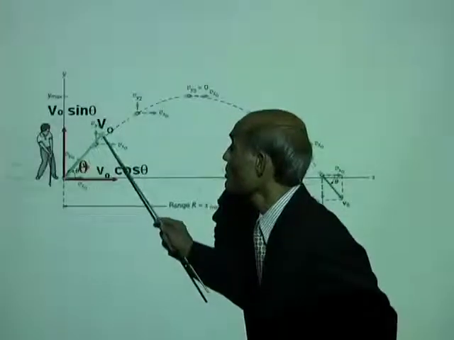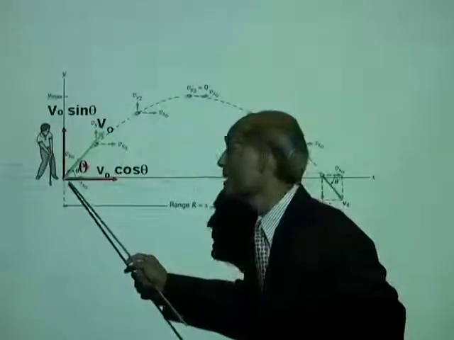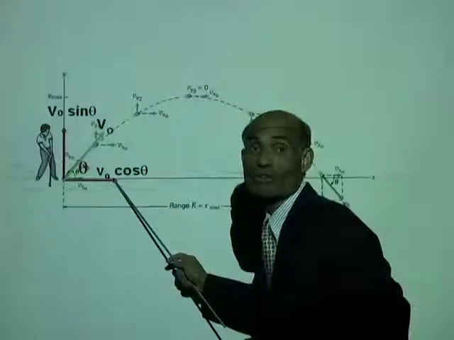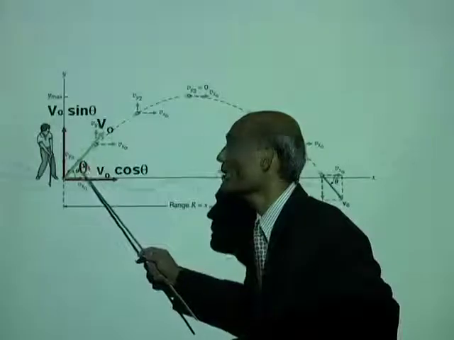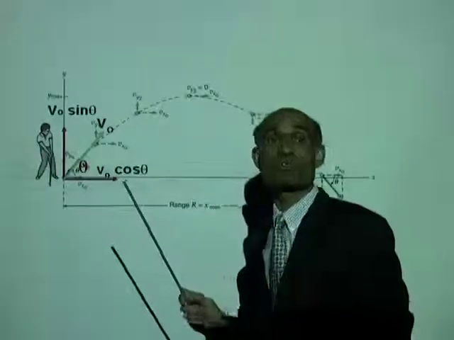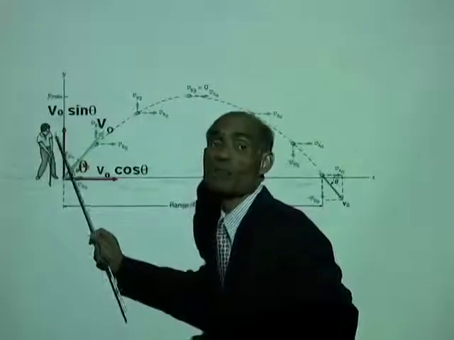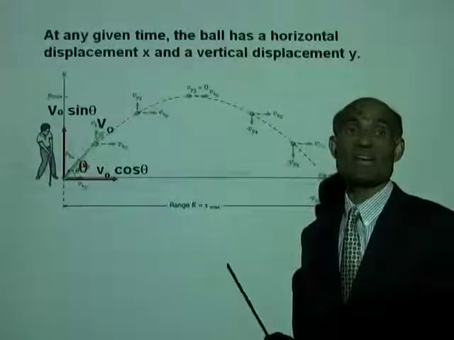Okay. Now, this is the example again that we have talked about. The velocity of projection is v0. The component of that velocity in the horizontal direction is v0 cos theta, where theta is the angle of projection. And the vertical component of that velocity is v0 sine theta.